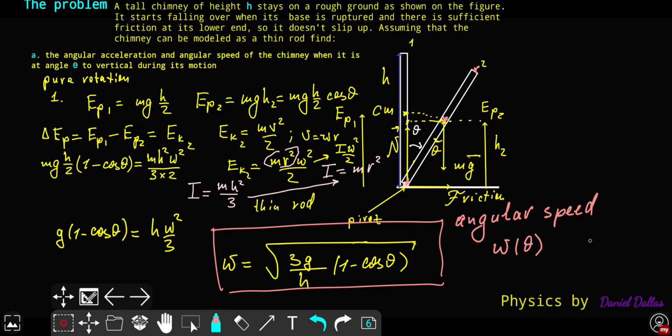Next, if theta goes up, what's happening with omega? The more the angle, the more cos theta goes to 0, and at 90 degrees it is going to be 0. So we might say that omega is still increasing. And that's the truth. It starts falling and it's accelerating, okay? So that's the fair dependency of omega on time.